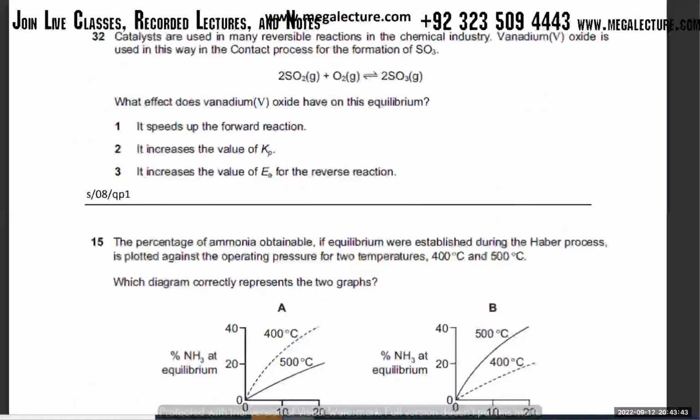So it's equally. So catalyst, you got a catalyst, and it's saying what effect will a catalyst have on this equilibrium? First thing, it will speed up the forward reaction, right? It will also speed up the backward reaction. और ये वाला KP तो अभी हमने किया नहीं है, तो इसको छोड़ देते हैं.